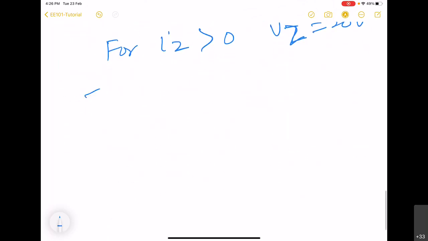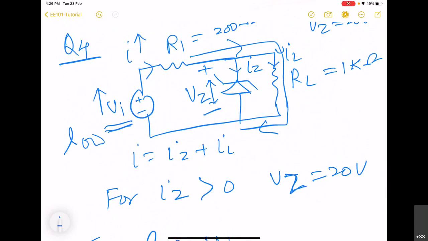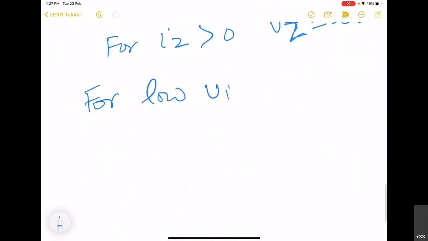Okay. So for low Vi, say for example, when Vi is just 1 volt, in that case Vz in no way can become 20 volts. So this Zener diode is going to be off in that case, right? So for low Vi, Zener is off.